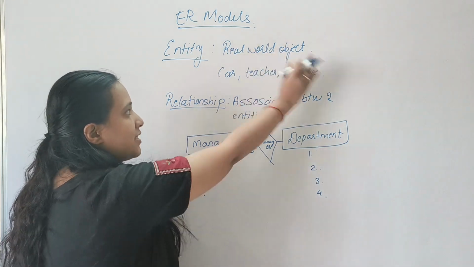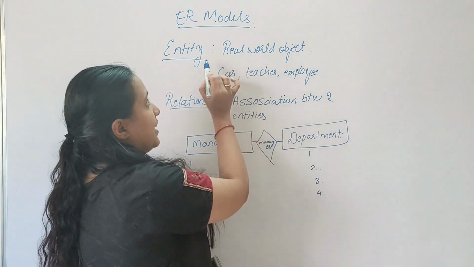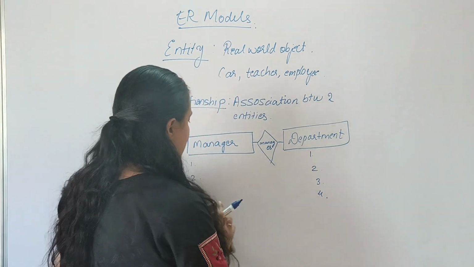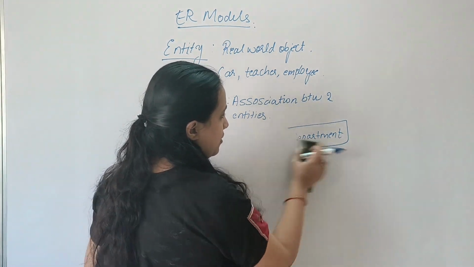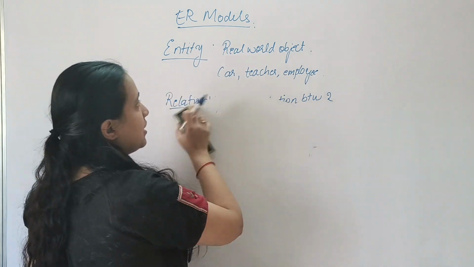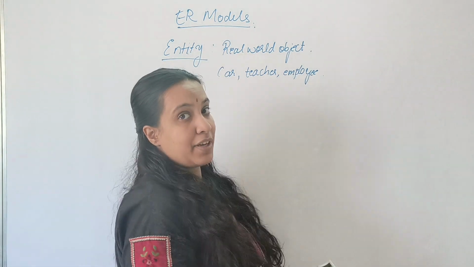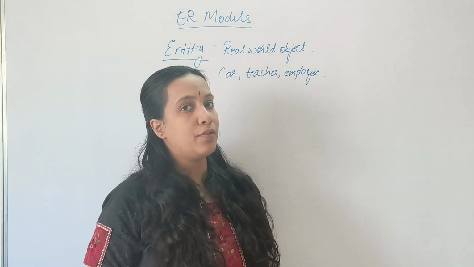So this is the brief introduction of your ER model, that is, the entity relationship model. Okay. Now let us move on to the next topic. Let us dive a little deeper into the different types of entities.